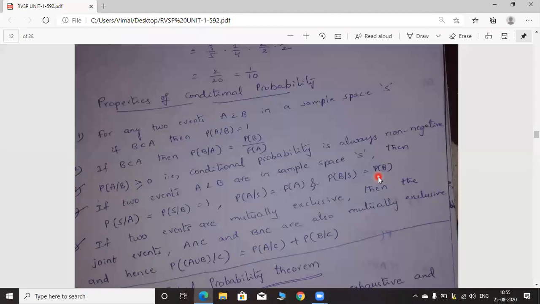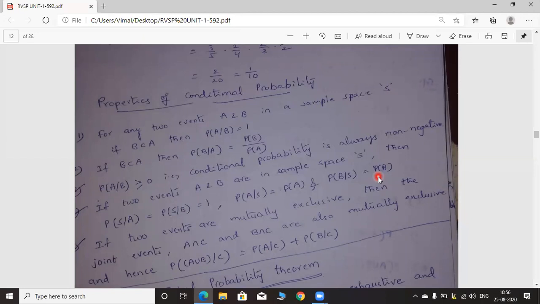Next, the fifth property: if two events A and B are mutually exclusive, then the joint events A intersection C and B intersection C are also mutually exclusive. Then probability of A union B given C is equal to probability of A given C plus probability of B given C. This property will be explained in the next class.